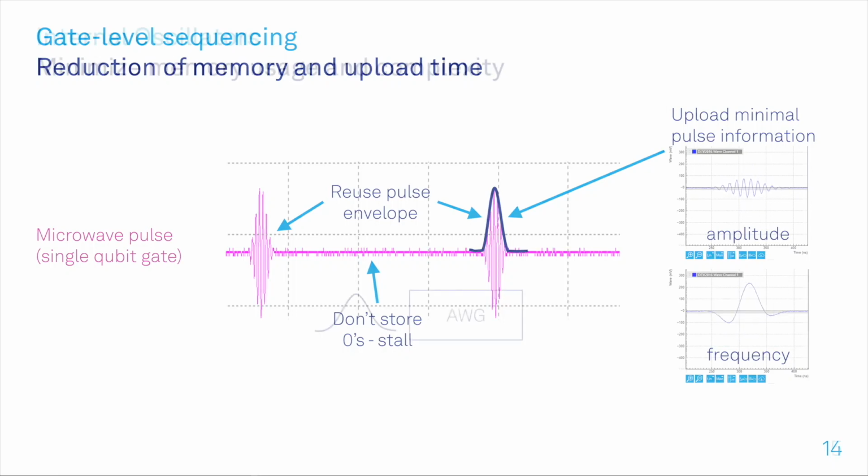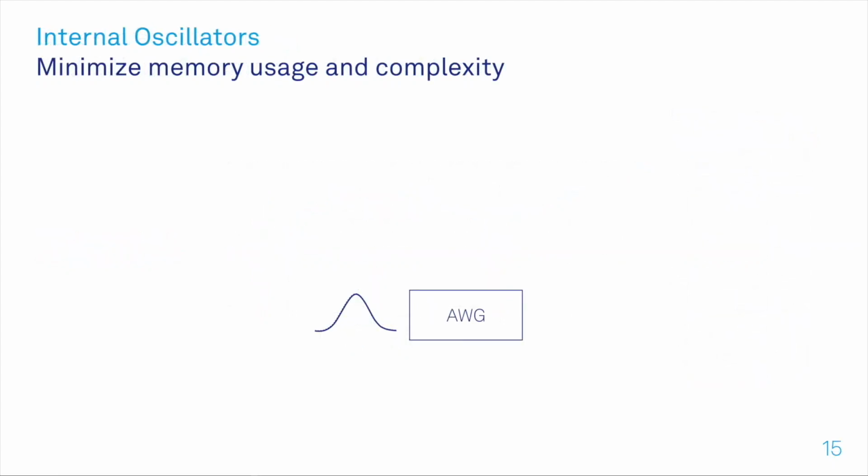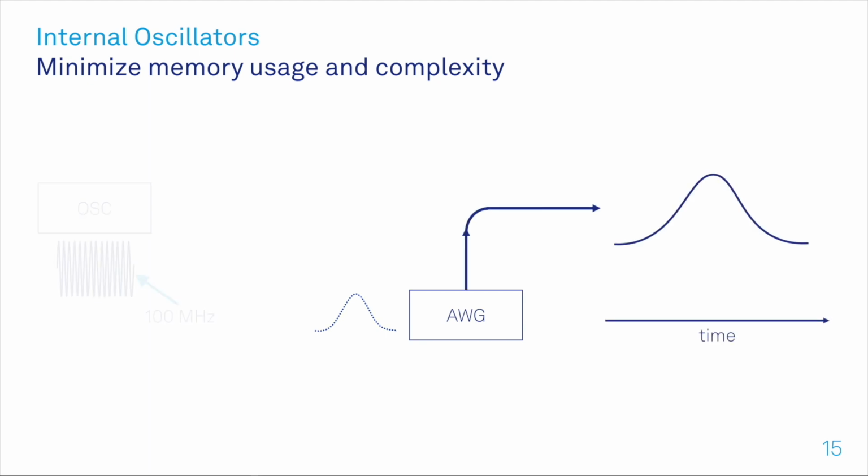On the one hand, of course, you can just do what we did so far. You can just program the frequency sample by sample into your AWG. However, that's not very memory efficient, again, because you upload a lot of redundant information. What is better is to actually use an internal oscillator which runs completely in parallel to your AWG sequence and doesn't consume any memory, but you still have the full control over the phase and the frequency of this internal oscillator.